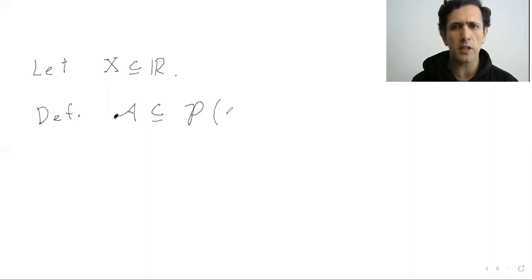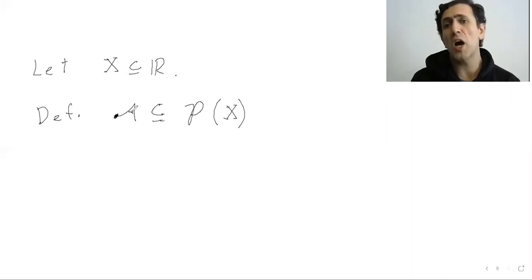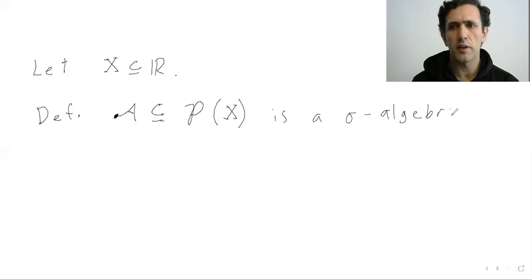So, a collection of subsets of big X. The power set, script P of X, is just the collection of all subsets of X. So script A is not the collection of all subsets of X, but some collection of subsets of X. So we say script A is a sigma algebra if the following is true.